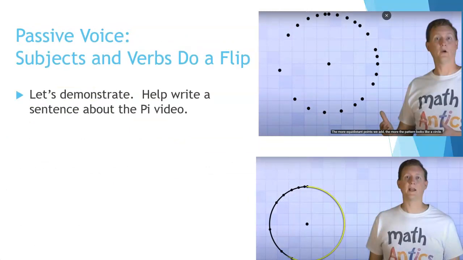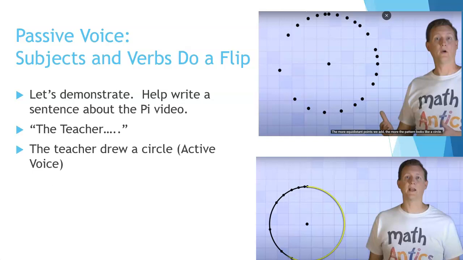Sometimes subjects and verbs do a flip. Help me write a sentence about the pie video. It should start with the teacher. What did the teacher just do? The teacher drew a circle. That's active voice.